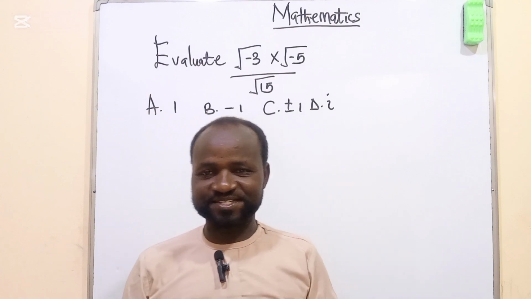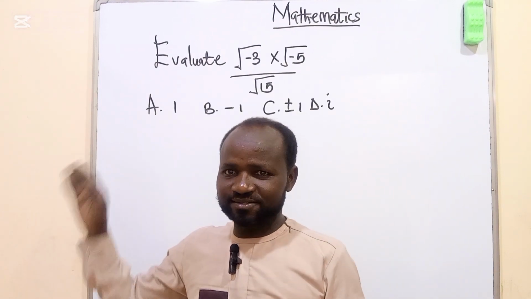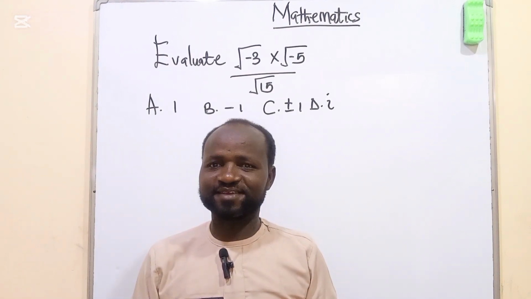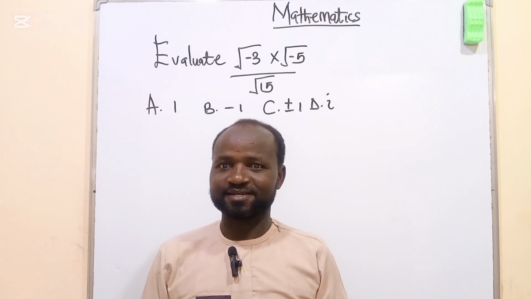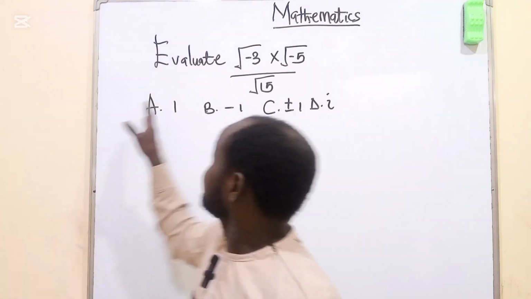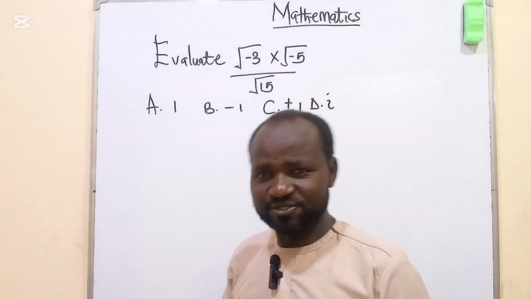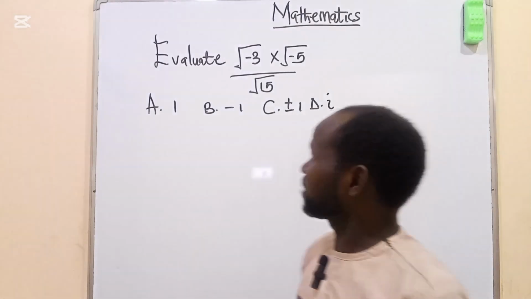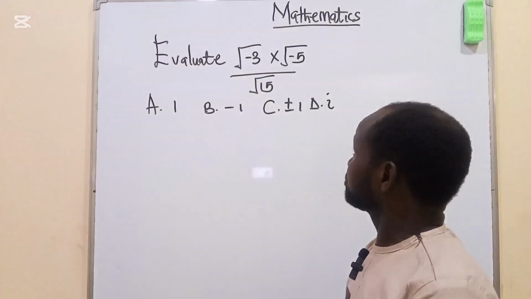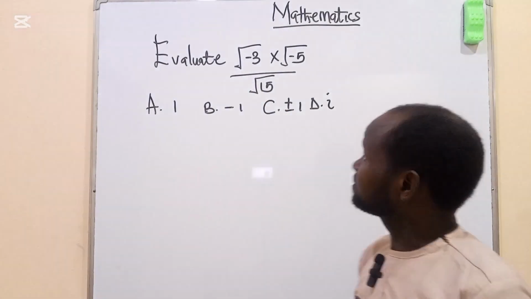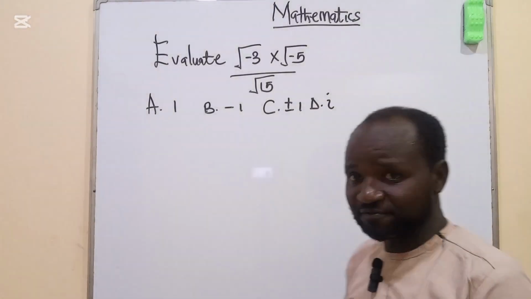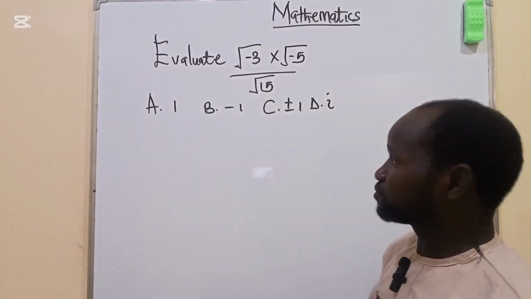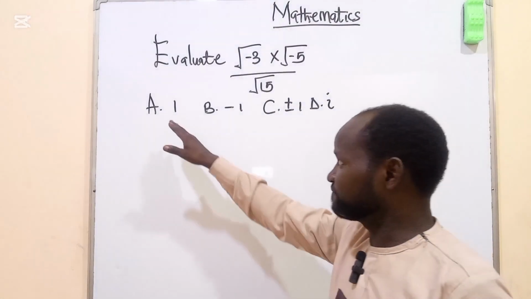In today's presentation, we are looking at this question sent in by one of the fans. This is mathematics. Let's look at the question. We are asked to evaluate root minus 3 times root minus 5 divided by root 15. We have options here.